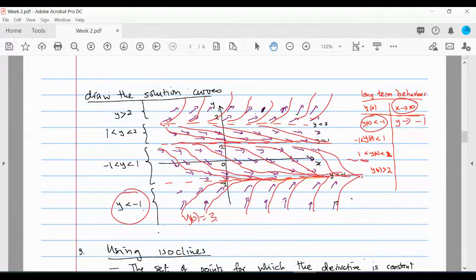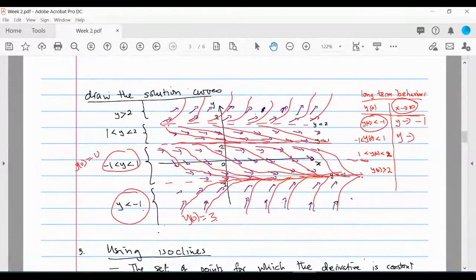Now let's look at an initial condition chosen from this region. Say y of 0 equals 0. So you see that all solutions in this region are going down towards the same null line.